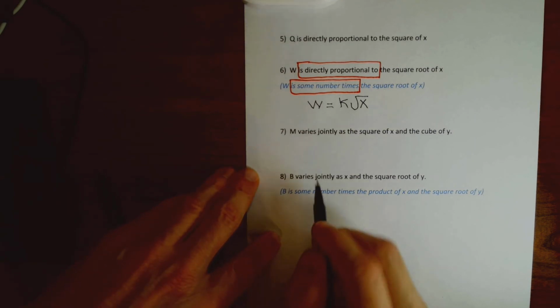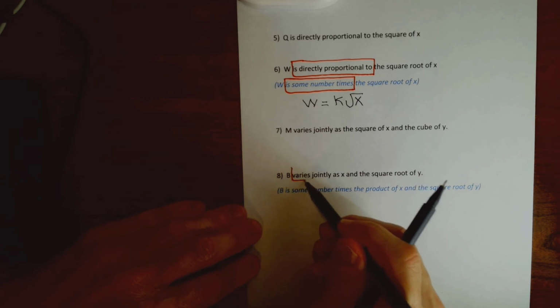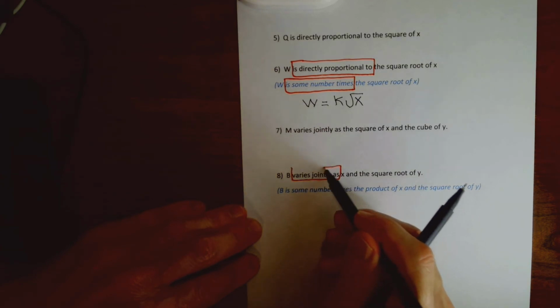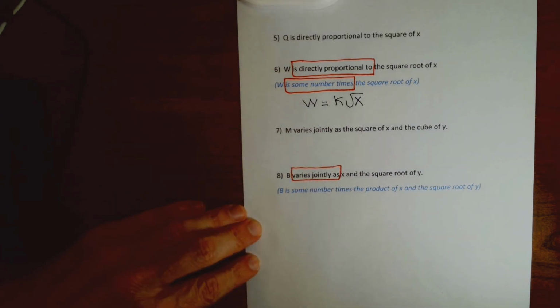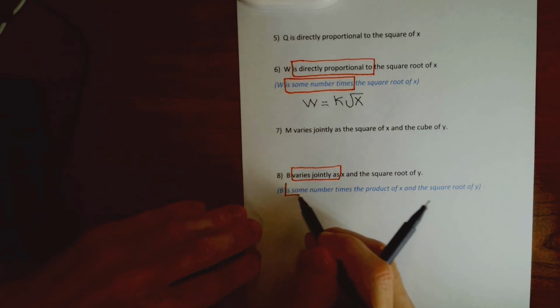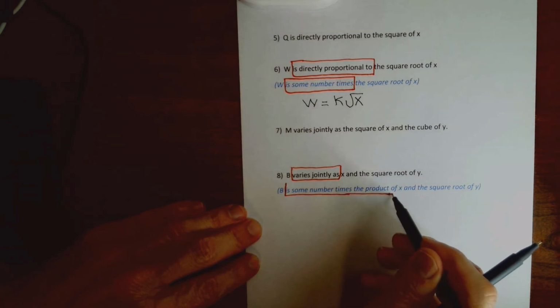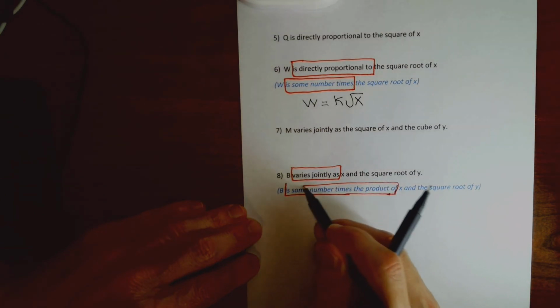If I move on to 8, in number 8, I see "varies jointly as" as my key word. If I read this, b varies jointly as x and the square root of y. So I took the words "varies jointly as" and made it into this longer sentence: "is some number times the product."